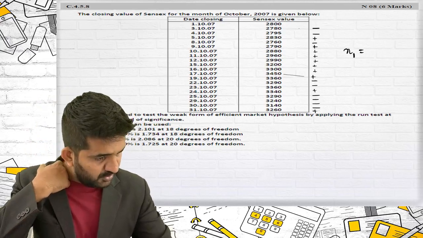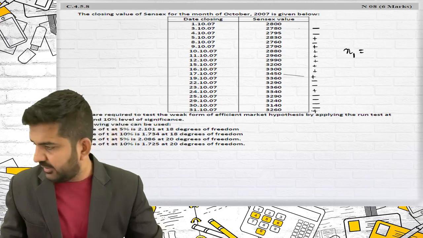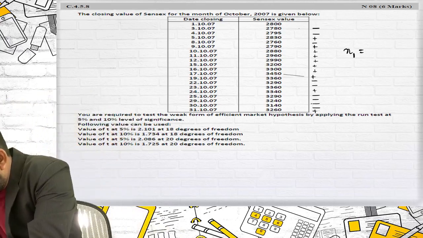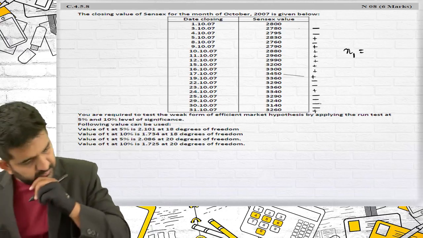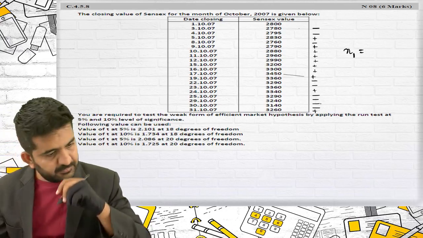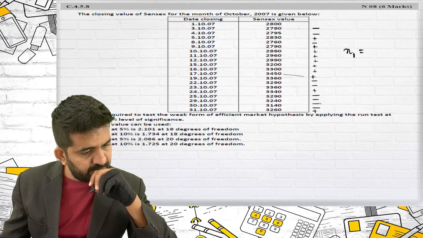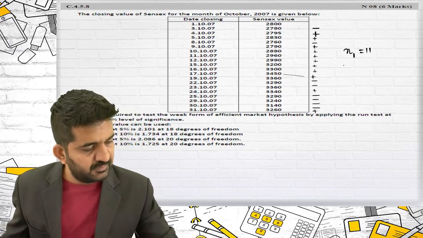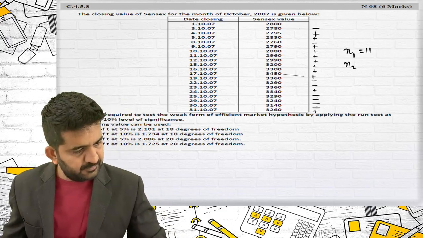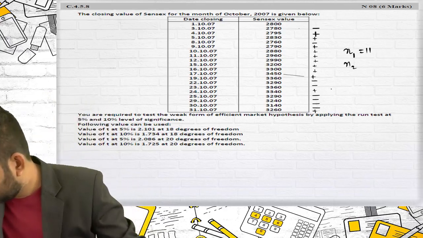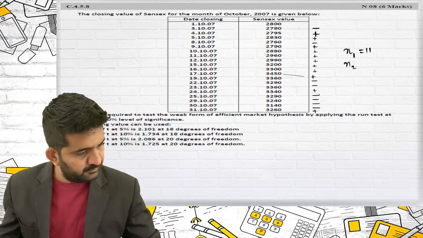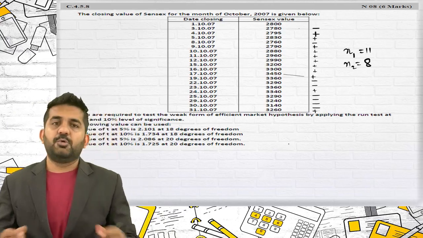And n2, the negative signs: 1, 2, 3, 4, 5, 6, 7, it is 8. So n2 is 8.